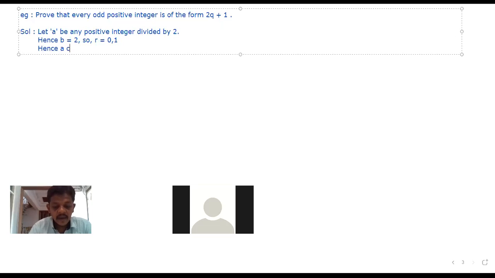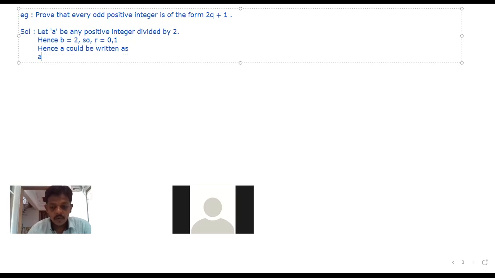Hence a could be written as a is equal to 2q, or a is equal to 2q plus 1. Am I right? If a is divided by 2, a would either be 2q or 2q plus 1. Any doubt till here?